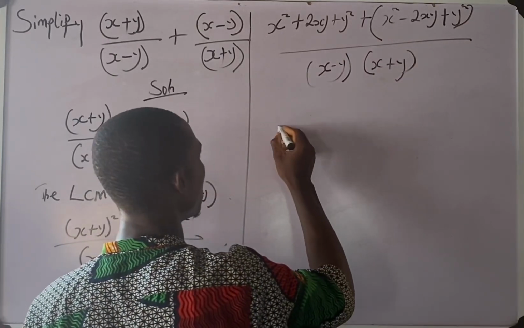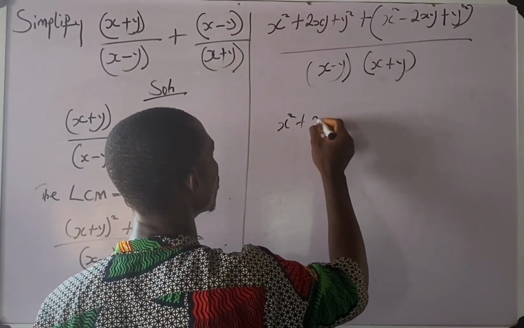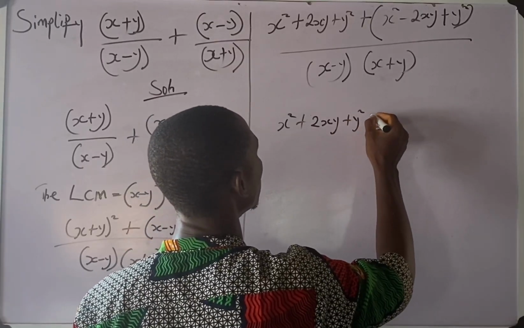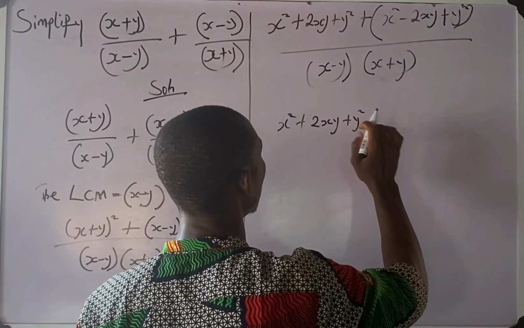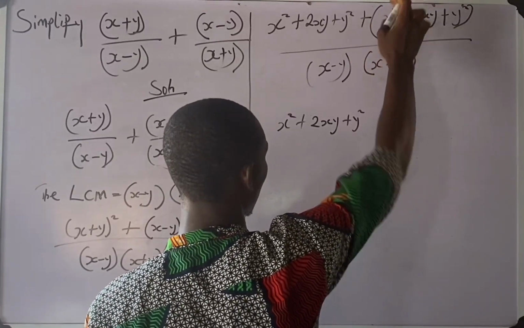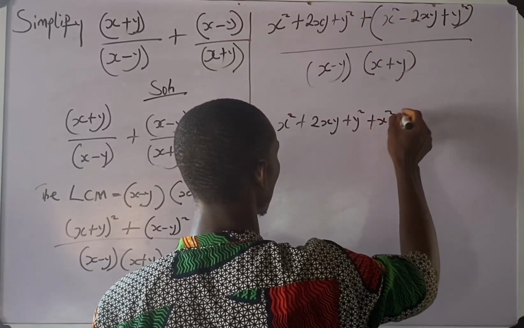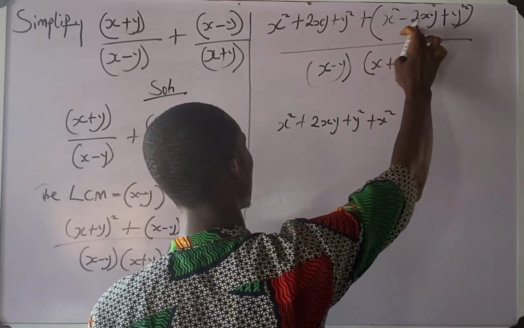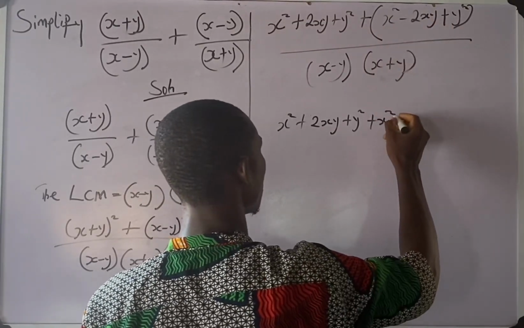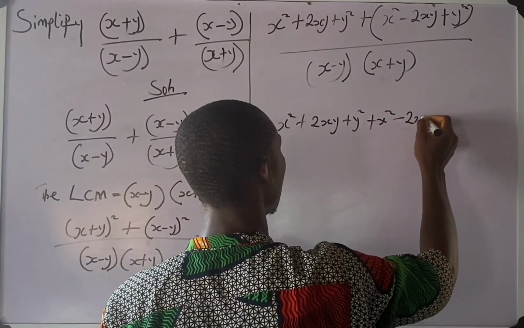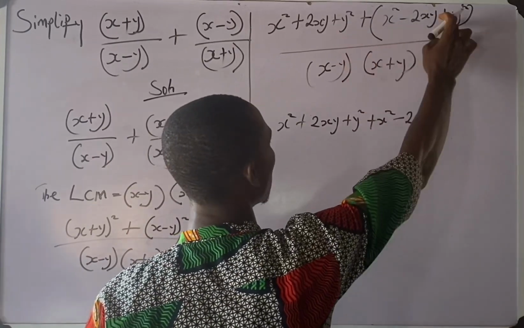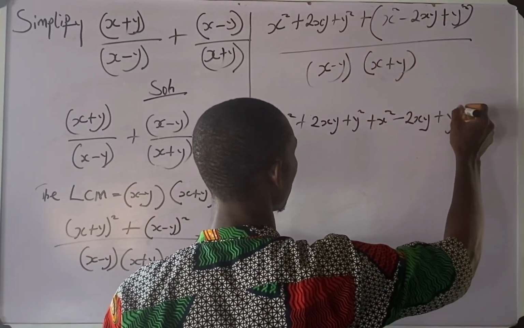We still have our x squared plus 2xy plus y squared, plus x squared, then minus 2xy, and then plus y squared.